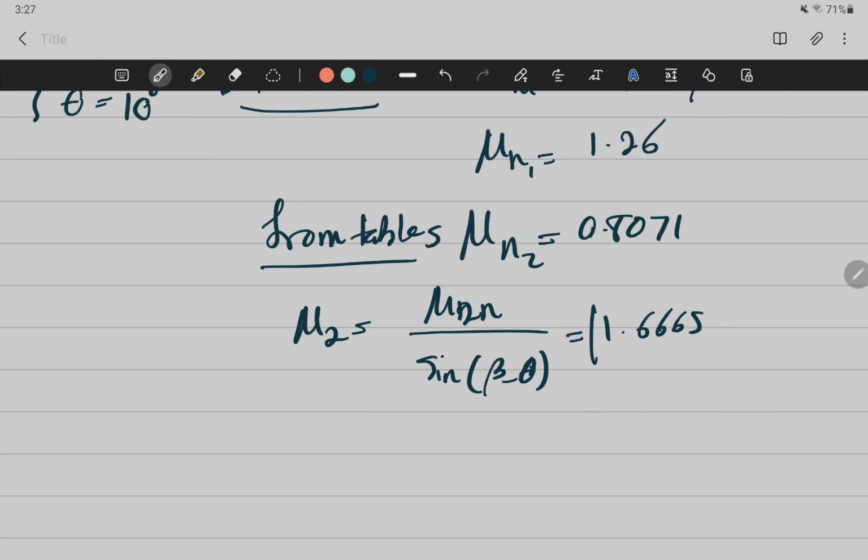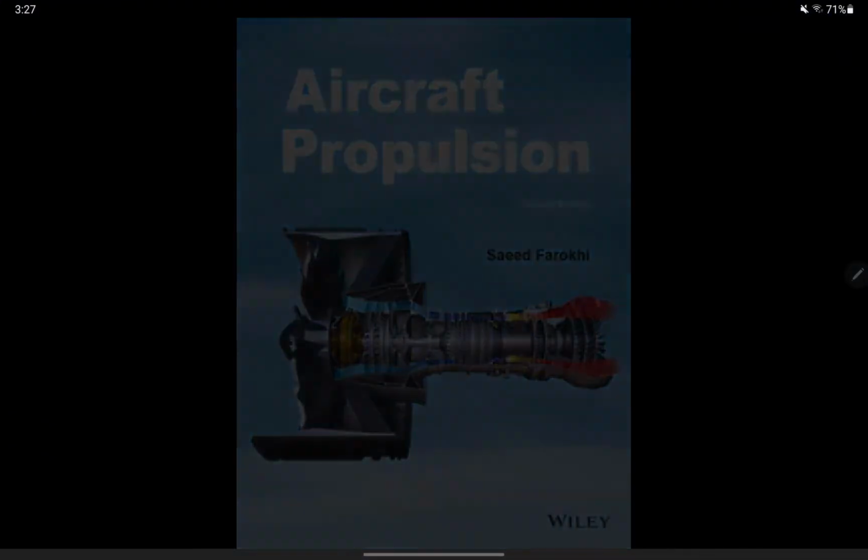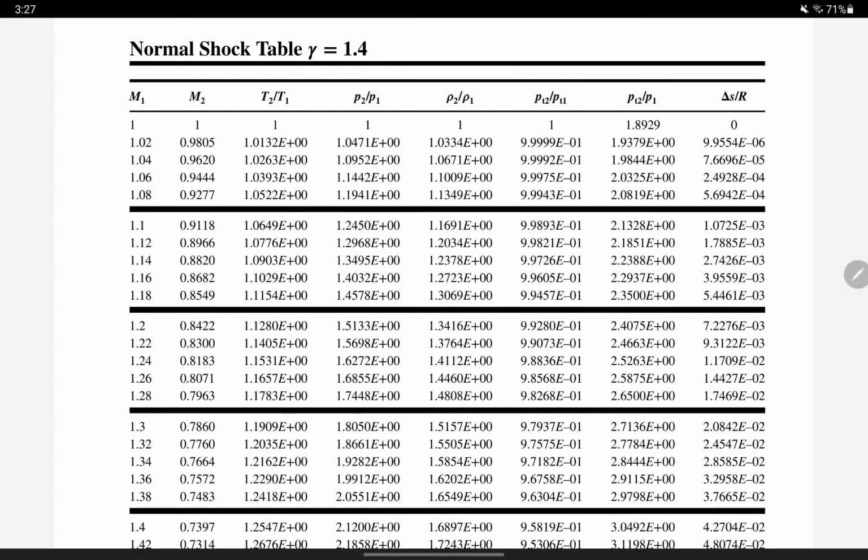And the Mach number is not the only thing we can read from this table. We can also read the temperature ratio, pressure ratio, density ratio, the total pressure ratio, all of these other ratios we can read from the table, right?